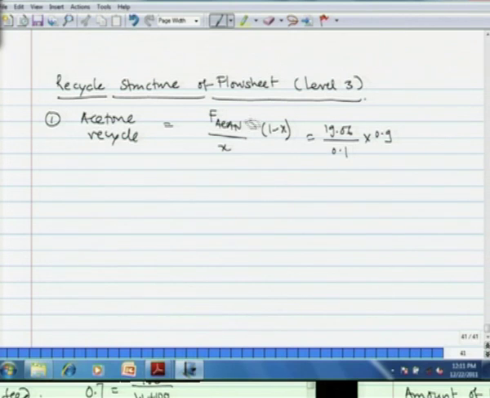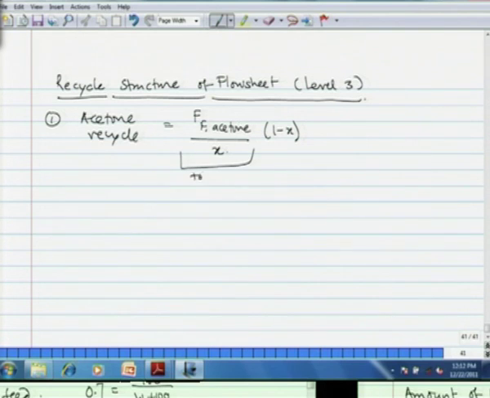Oh, sorry, this is wrong. Please make correction. The acetone recycle will be the total acetone, F acetone, the fresh acetone fed to the process divided by X and then into 1 minus X. So this is the total acetone feed, which is the fresh acetone divided by X, and then this is the unconverted fraction.